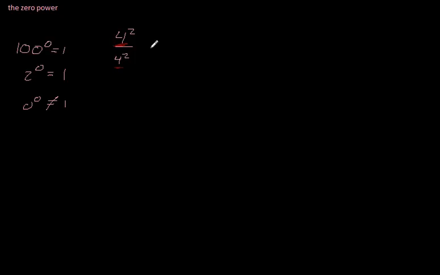So when dividing them, I'm going to subtract the exponents, and I end up with 4 to the 2 minus 2 power. Well, we know what 2 minus 2 is, so it says 4 to the 0 power. But how does 4 to the 0 power, because we already know any number except for 0 equals 1, end up equaling 1?